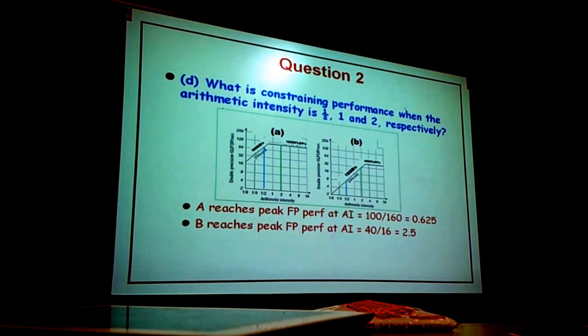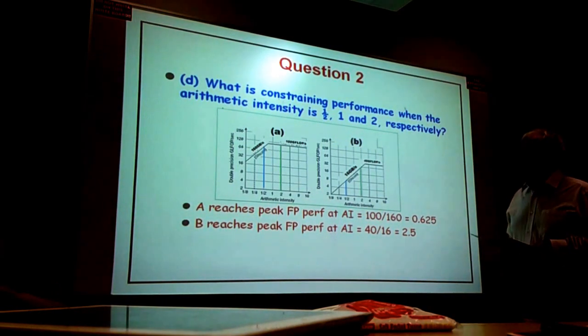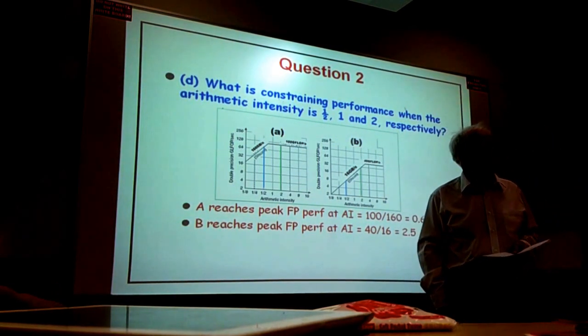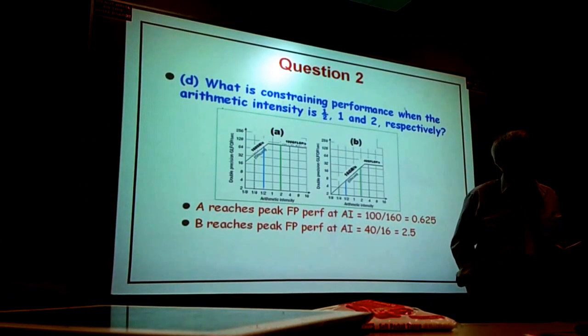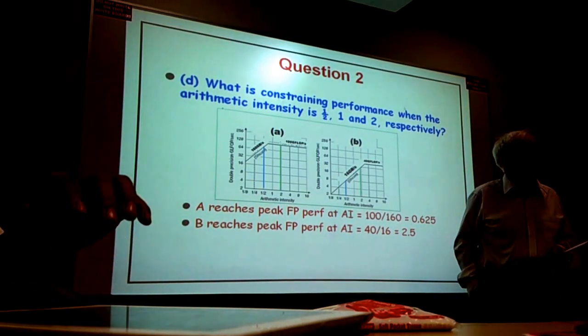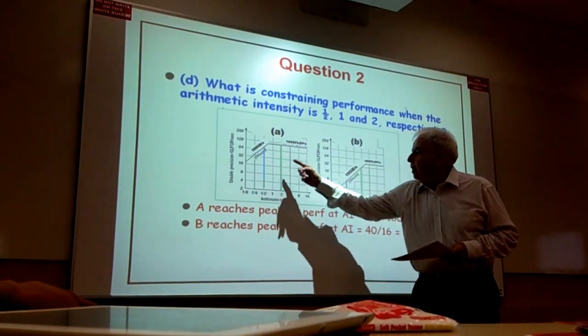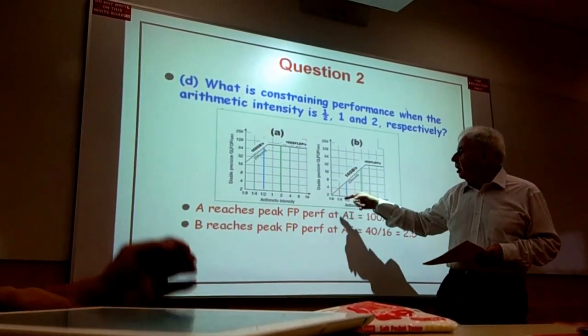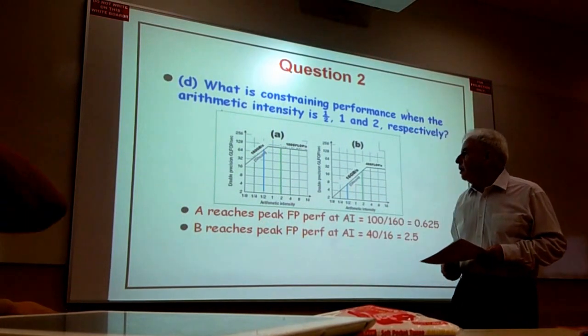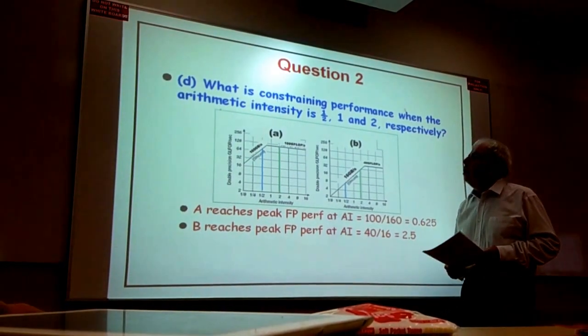So, to answer the question, what is the constraining performance when the arithmetic intensity is a half? Is it the bandwidth or the floating point performance? For both processors, at half, it's going to be the memory bandwidth which is the constraint.